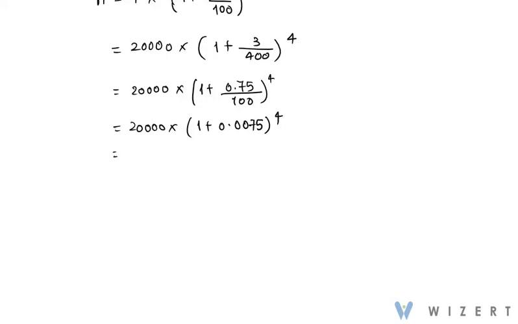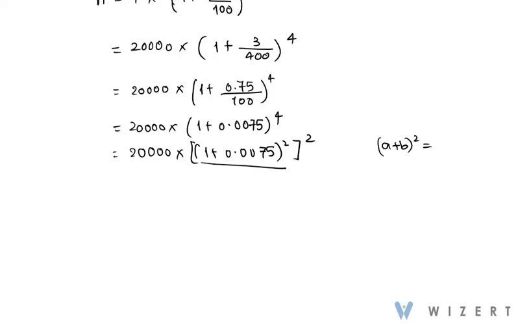We can write this as 20,000 multiplied by 1 plus 0.0075 whole square and whole square. And this we can solve using the a plus b whole square identity, that is a square plus 2ab plus b square. Here a is 1 and b is 0.0075.